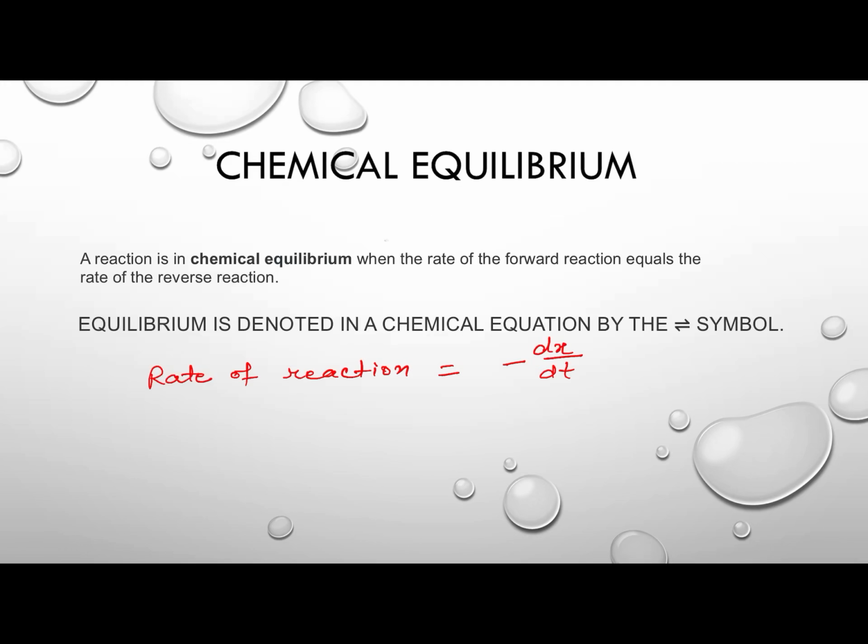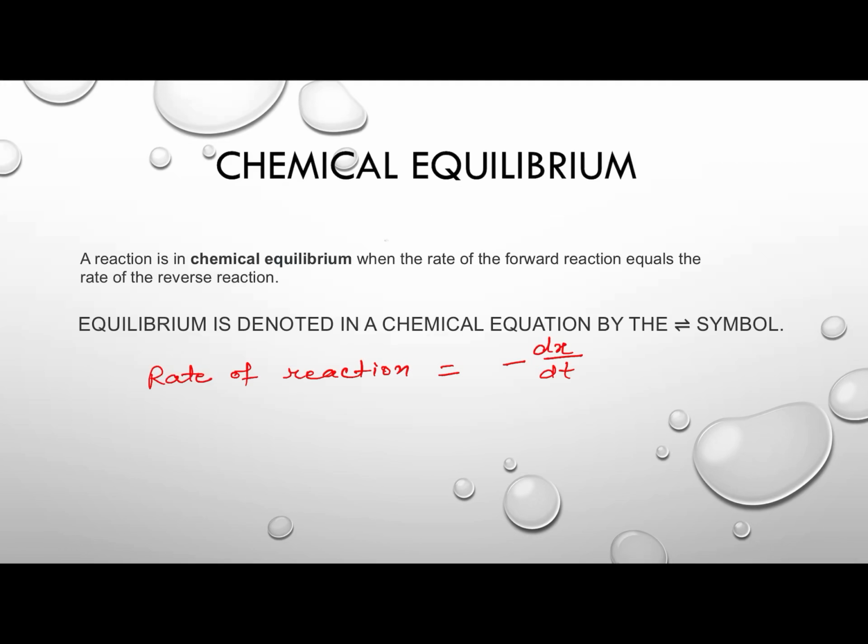At this stage, the amount of each constituent of the reaction mixture becomes fixed, but the reaction never ceases. Equilibrium is denoted in a chemical equation by a reversible sign or reversible symbol.